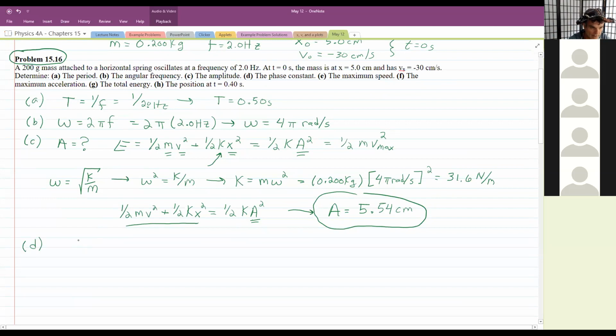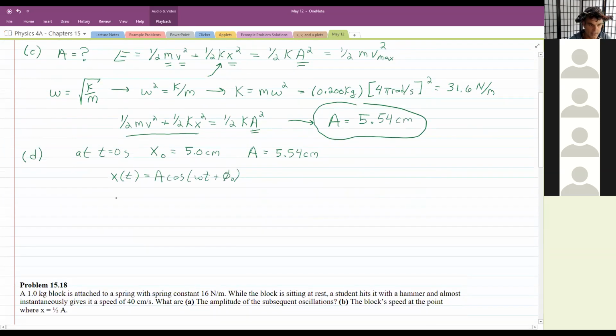So we know at t equals 0, my initial position is 5 centimeters, and we just solved for the fact that the amplitude is 5.54 centimeters. So position as a function of time is A cosine of omega t plus the phase angle.